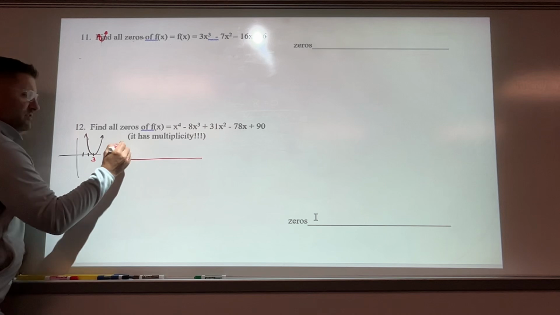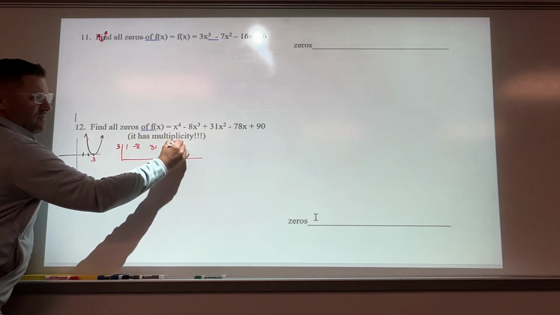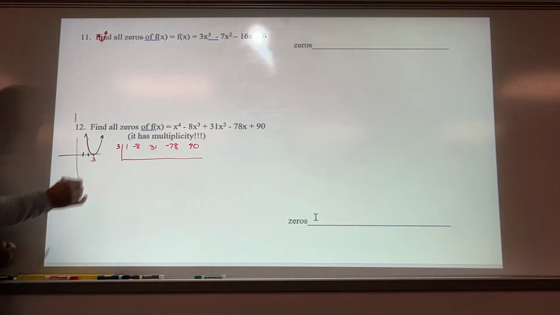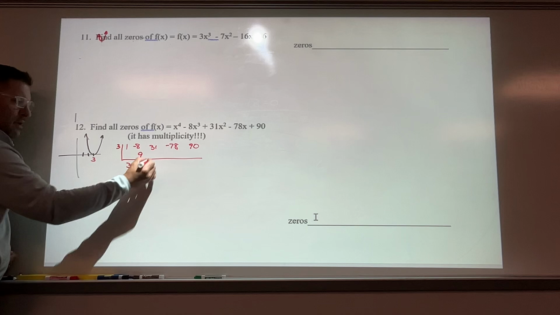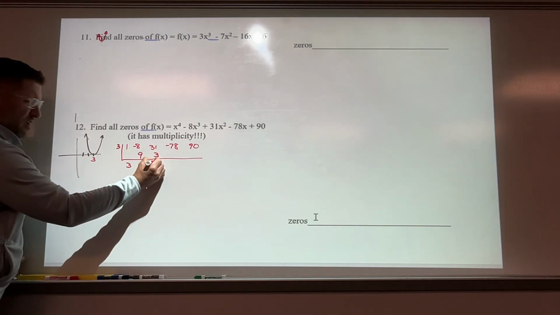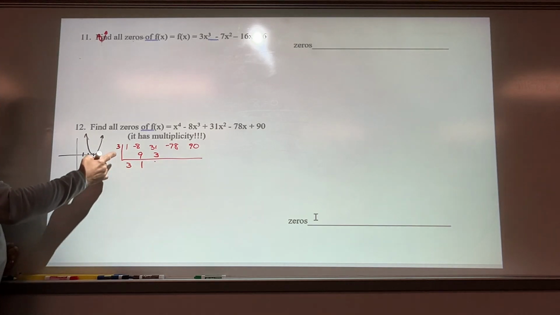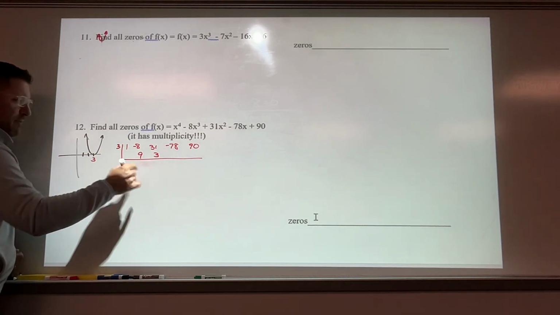So 3 into 1, negative 8, 31, negative 78, and 90. I hope it works. 3, 9, 1, 3. You messed up. Oh, what did I mess up? You forgot to drop the 1. Oh, I didn't drop the 1. Oh, thank you. Oh my gosh, that would have been horrible.